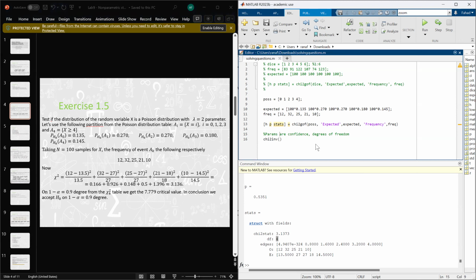So if it says, for example, 95% confidence, that would mean you put in 0.95 and the degrees of freedom from here is 4. That would give you the critical values. So with that done, we can now do the non-table chi-square test in the quiz.